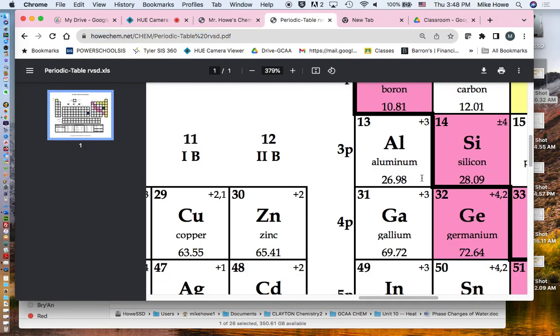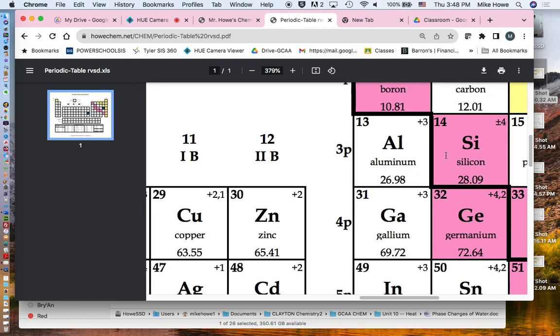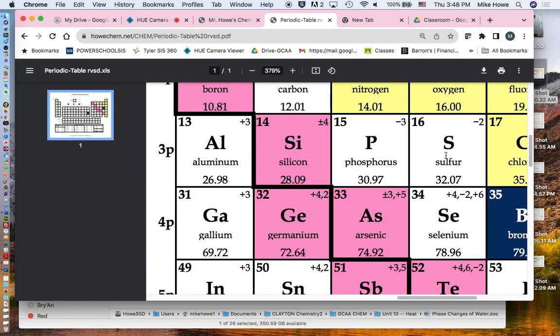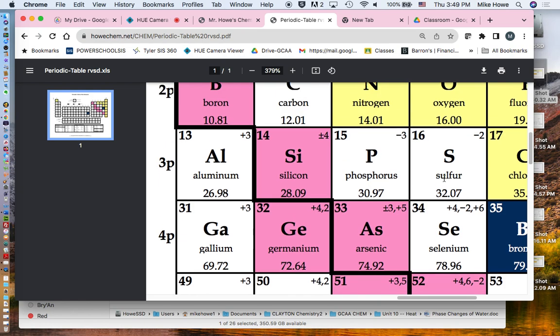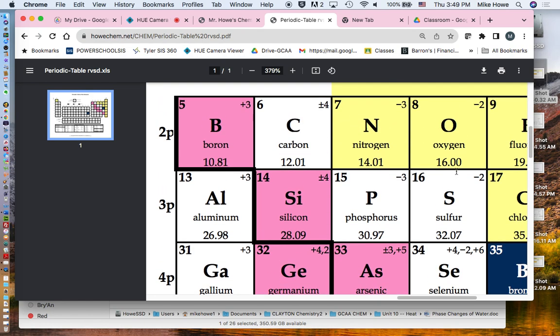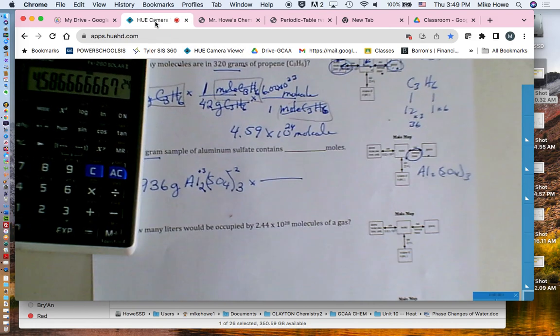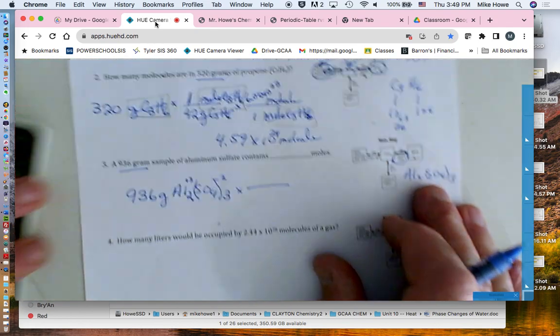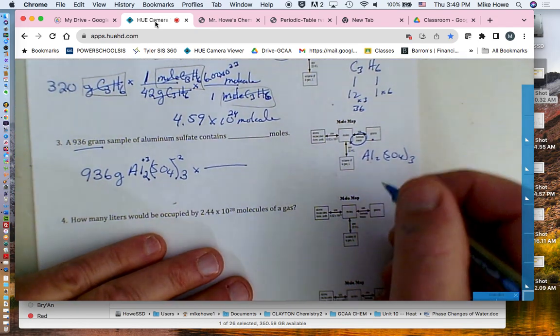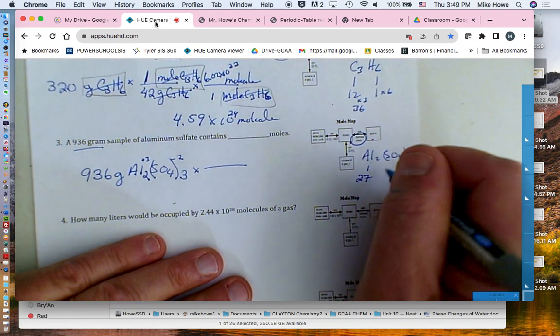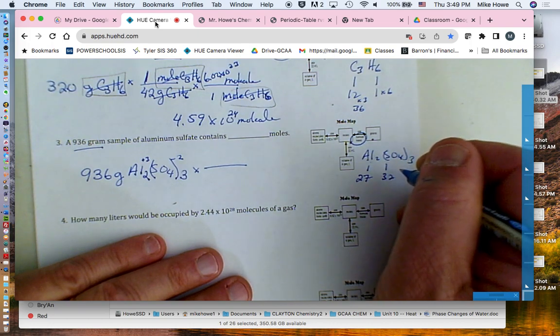And then sulfur, I'm going to write down these numbers while we're here. Sulfur has a mass of 32. Oxygen, a mass of 16. So 27, 32, 16. So now back over here. This is 27. This is 32. This is 16.